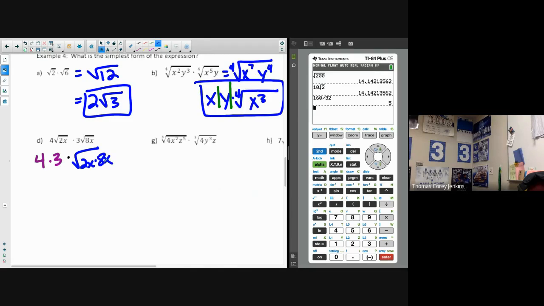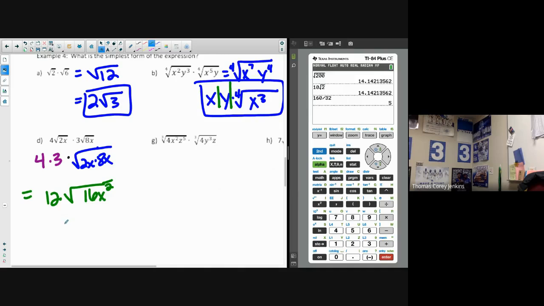And I'm showing a little bit more work than maybe I need to, but that's okay. So anyways, after I multiply, what I get is 12 square roots of 16x squared. All right, and what's under my radical is actually a perfect square in this case.